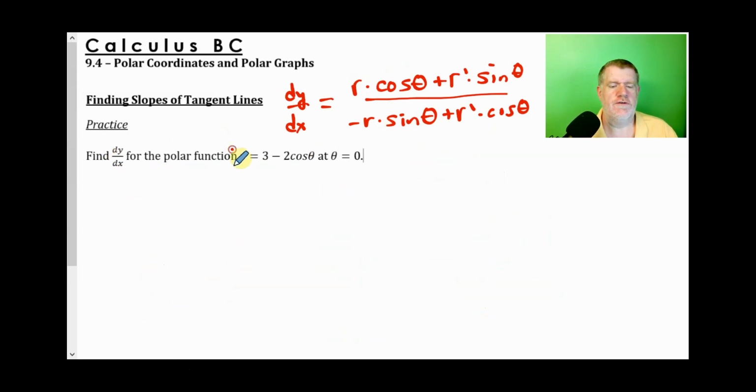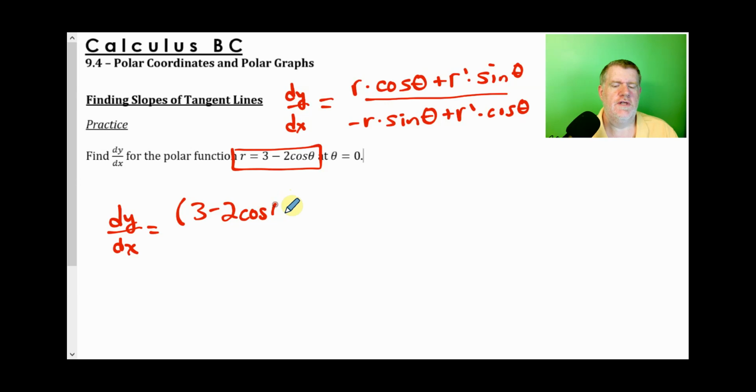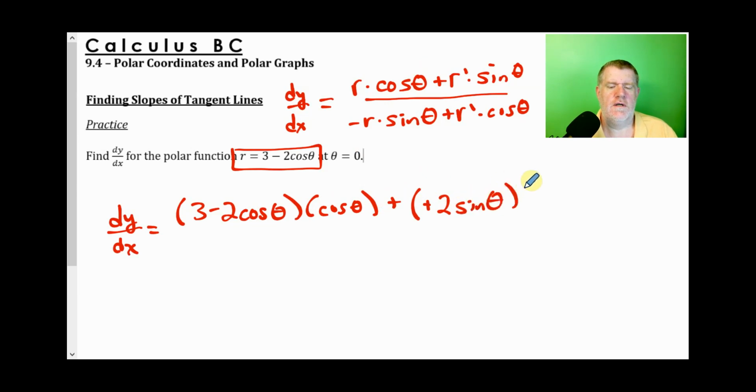So if I want to find the derivative of this polar function, it'll be a long answer, but that's okay. It's r, so it's the whole function 3 minus 2 cosine of theta times cosine of theta plus r prime, and r prime would be negative 2, derivative of cosine is negative sine, times sine of theta.